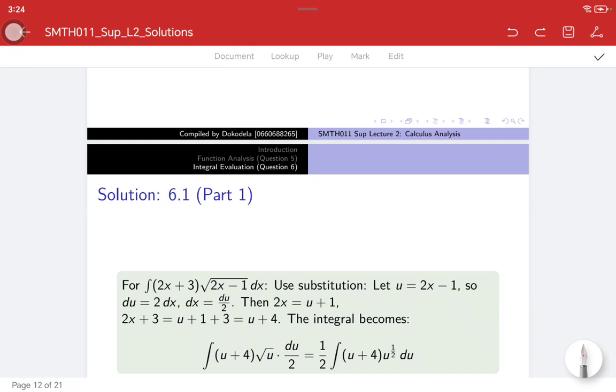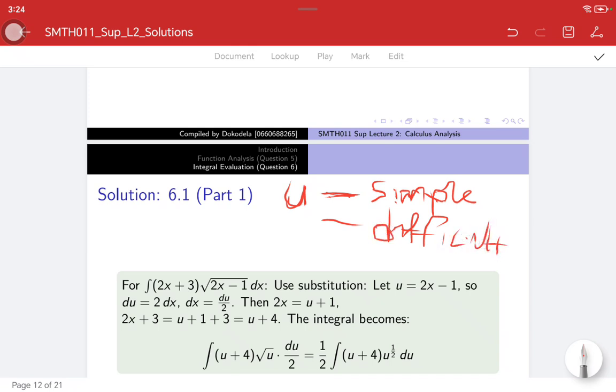Remember, for u substitution, we are given 2 expressions. One should be simple to derive, and the other one should be difficult to derive.